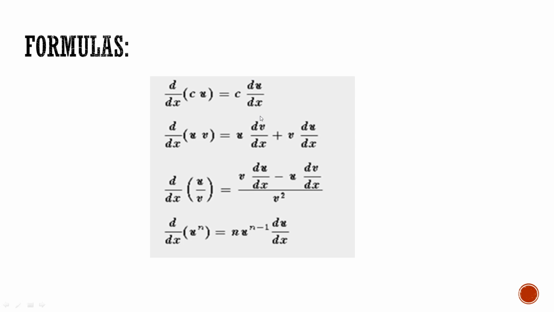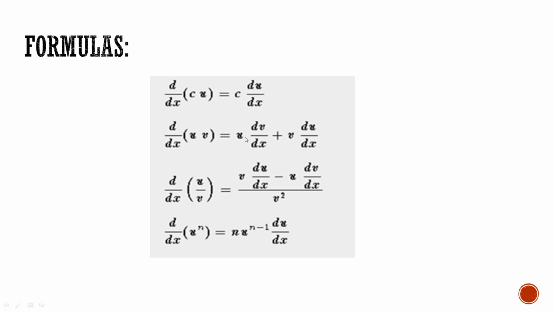Okay. So next, what about the product? So the product rule goes this way. The derivative of u times v with respect to x is equal to u dv plus v du.